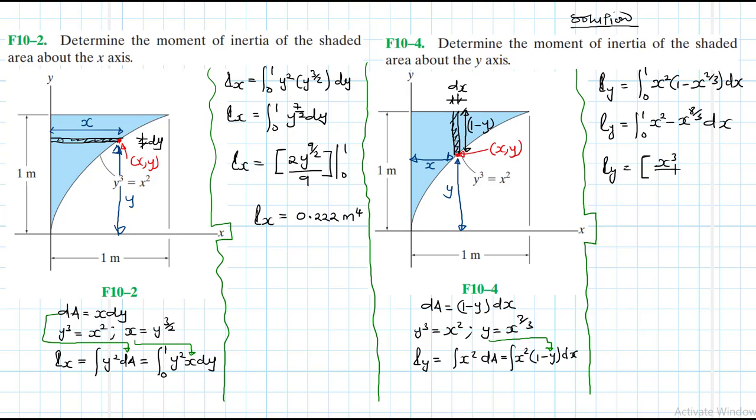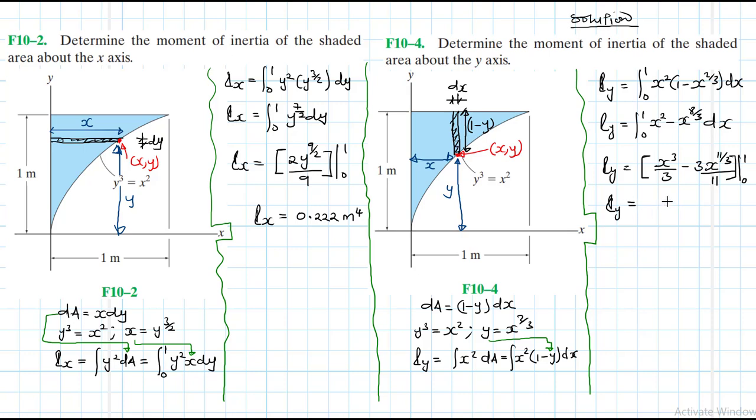Integrating that, we have x cubed divided by 3 minus x to the power 8/3 plus 1, that is 11/3. Alright, so this becomes 3x to the 11/3 divided by 11, from 0 to 1.